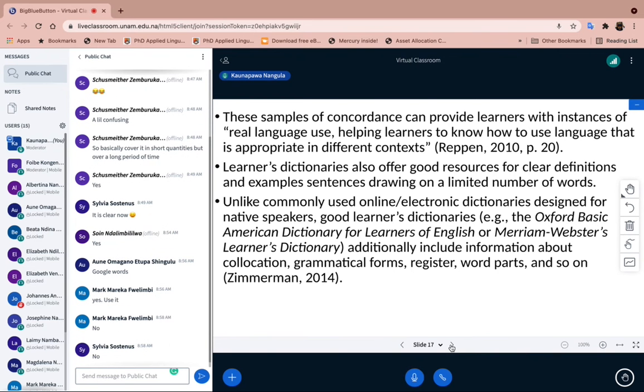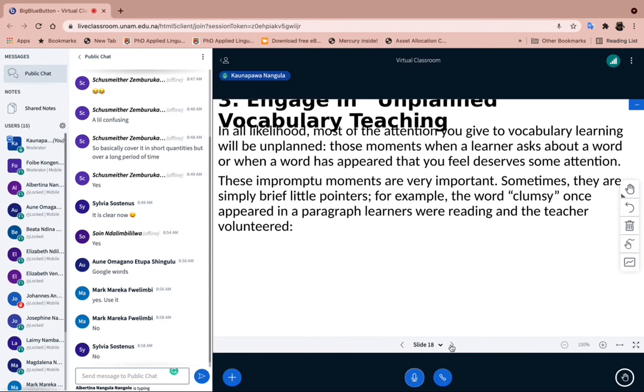Thank you to Sylvia. All right, next we are going to talk about engaging in unplanned vocabulary teaching. In all likelihood, most of the attention you give to vocabulary learning will be unplanned. Those moments when learners ask about a word, or when a word appears that you feel deserves some attention.